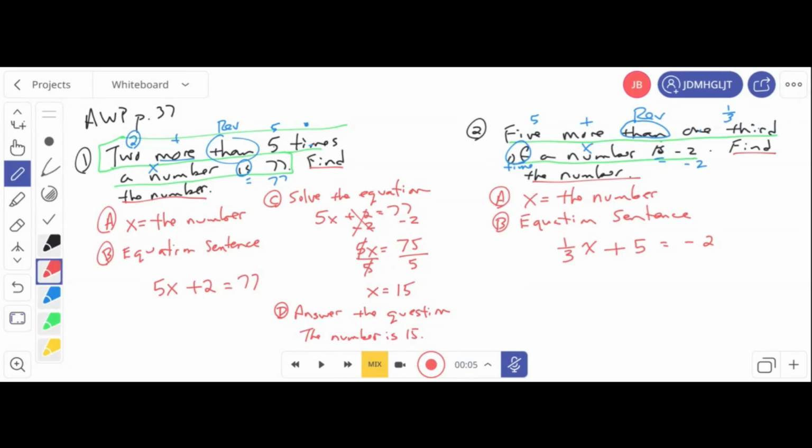So there's our equation. 1/3 x plus 5 equals -2. 5 more than 1/3 of a number x is -2.